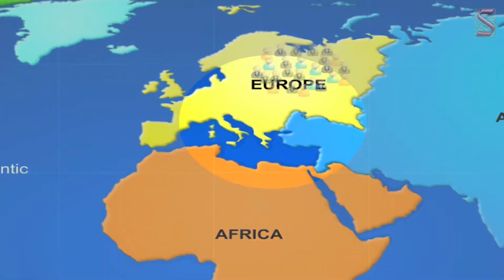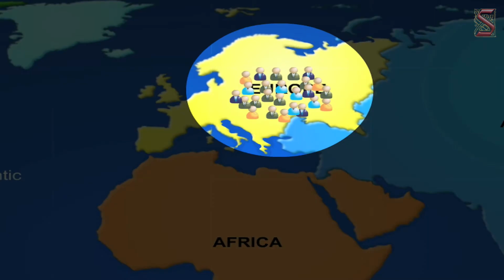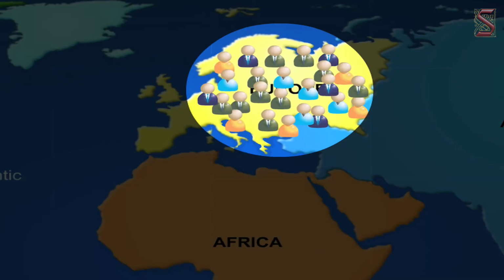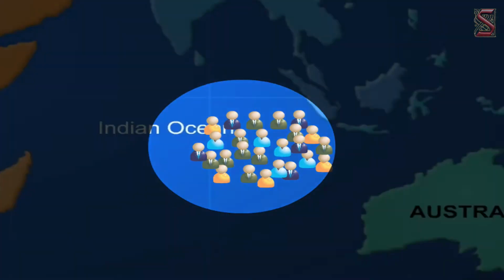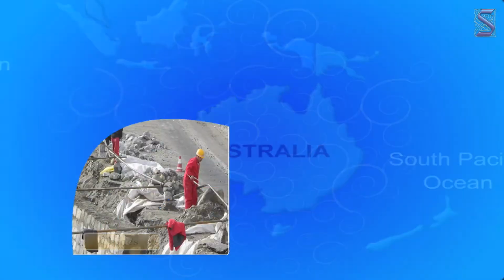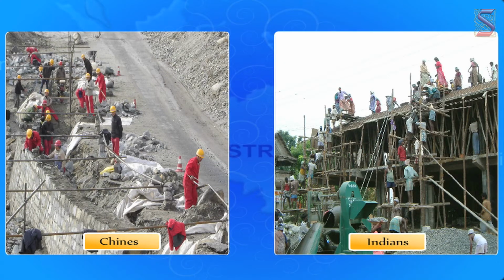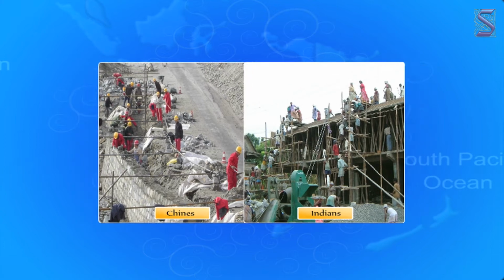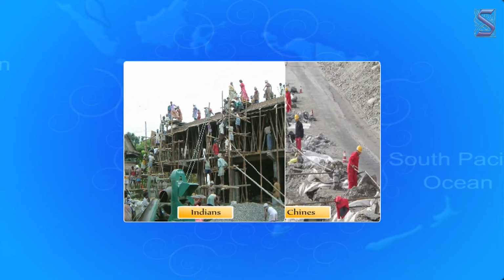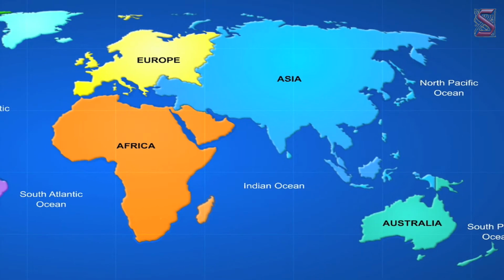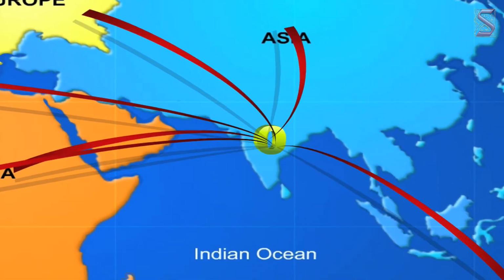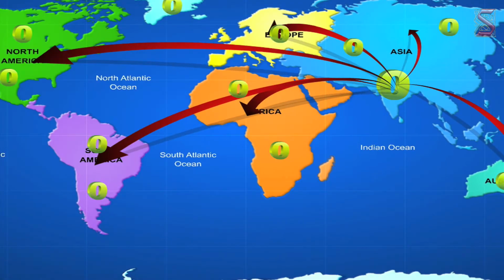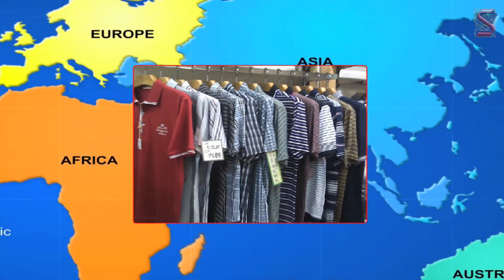It is estimated that over 50 million people emigrated from Europe to America and Australia. A large number of Chinese and Indian laborers went to work on plantations, in mines and in the construction business around the world as a part of the colonial plan. If zero traveled from India to the rest of the world, then Western clothes came to India.